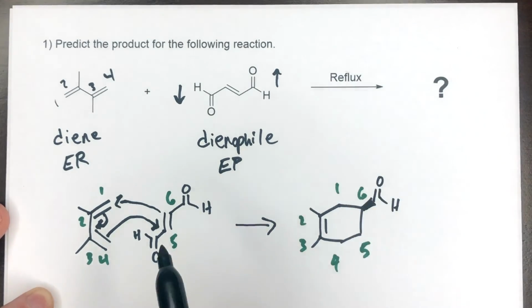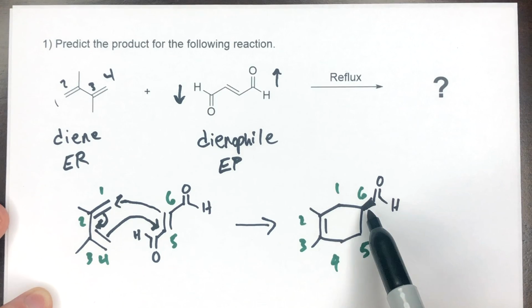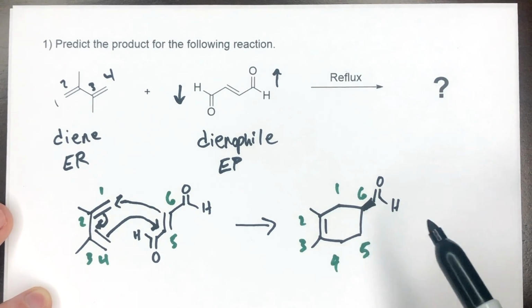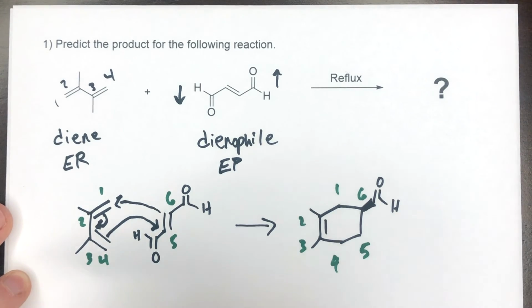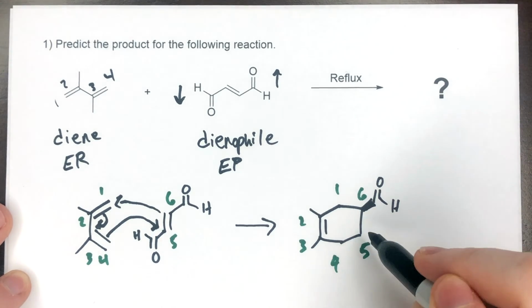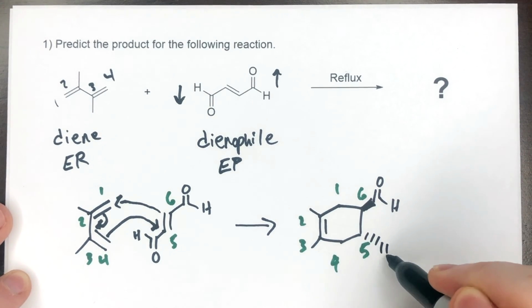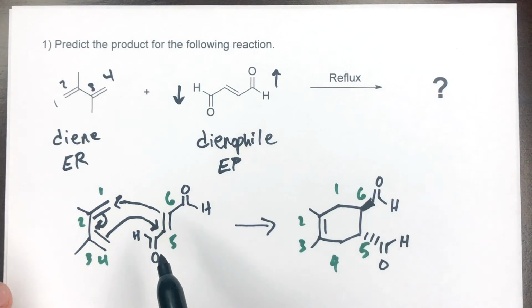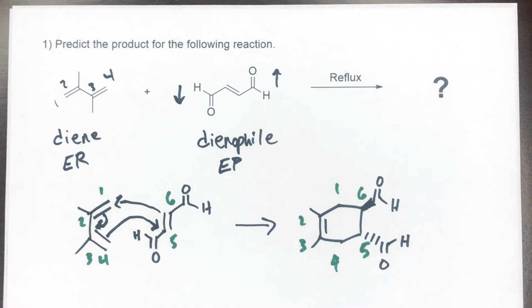So since this is going away, this is coming out of the plane here. So a dash, or a wedge, excuse me. And now this is coming in, so we go into the plane. That is endo approach. That gives us this. So again, what this shows is that the trans orientation of the dienophile is retained in the product.